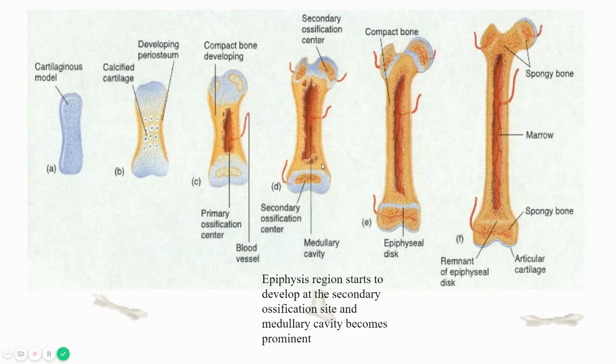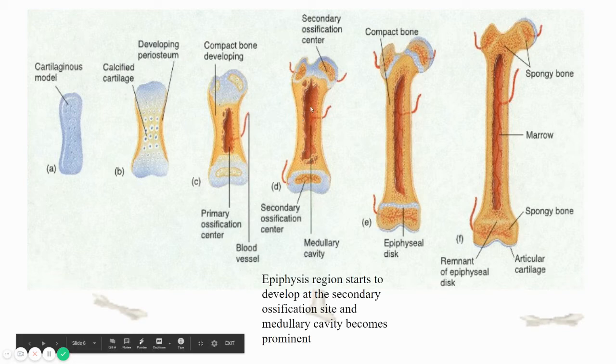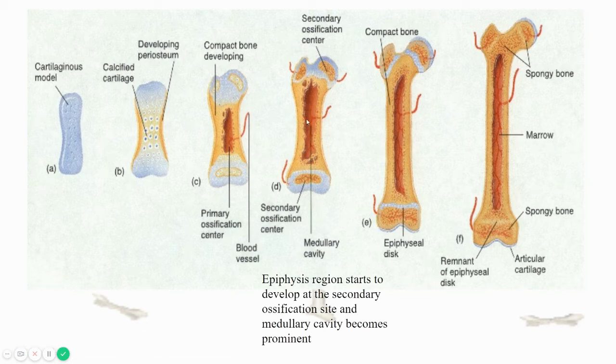We're still making the spongy and compact bones along the diaphysis. So that is continuing to expand and elongate. And here we have the medullary cavity that becomes more prominent and more obvious. That will then be filled with that yellow marrow and the blood vessels.